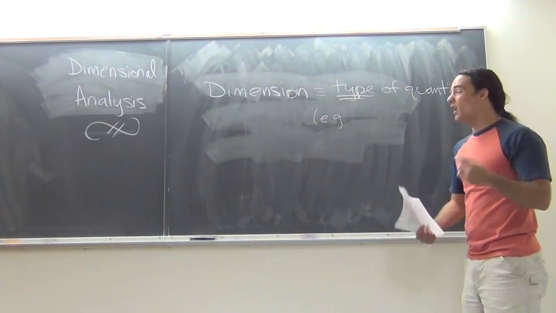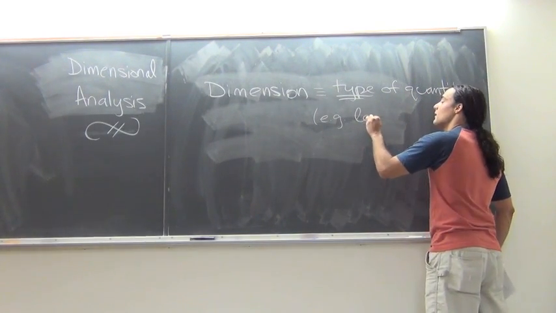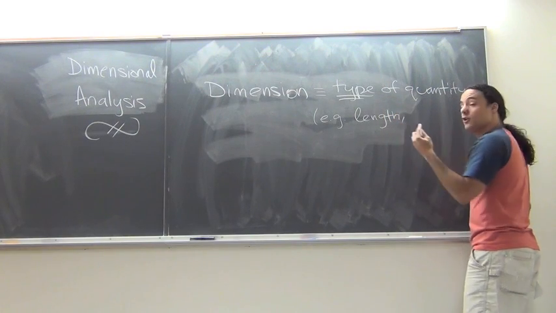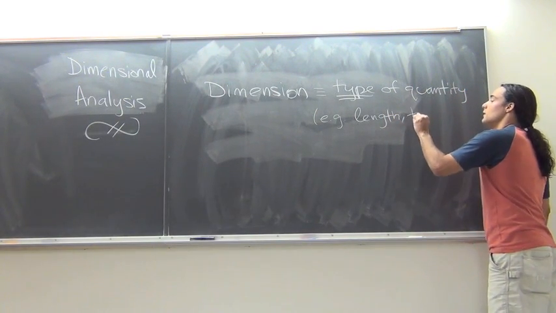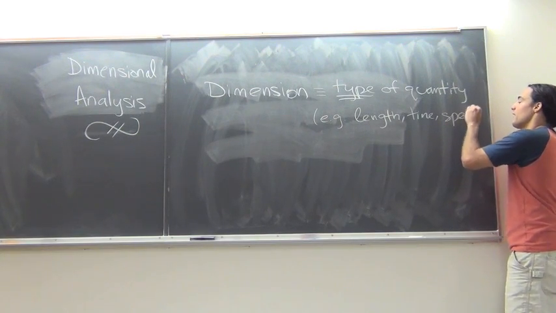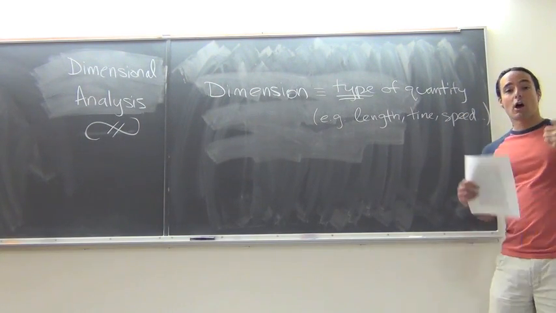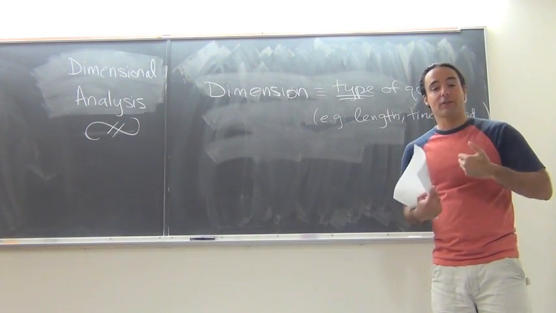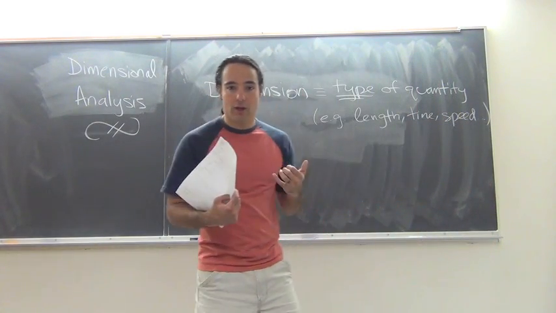So for example, the type of physical quantity could be some type of length. Could be some type of time. Could be speed. Could be any number of things. Could be a wide variety of different types of physical quantities.